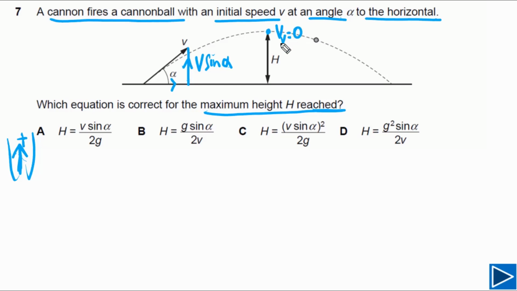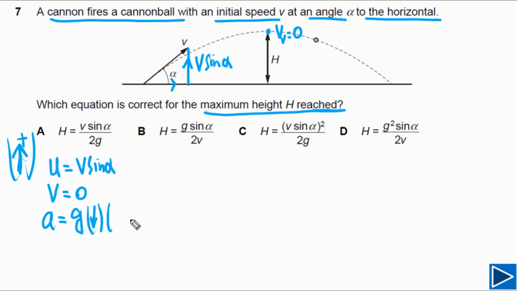So u, the initial speed, is equal to v sine alpha, and v, the final velocity at the peak, is equal to 0. We also need to understand acceleration is equal to g, and the direction of acceleration is always down, so it is negative because we have taken up as positive.